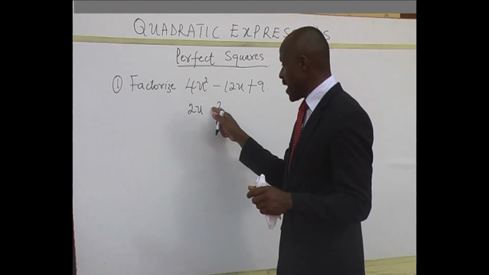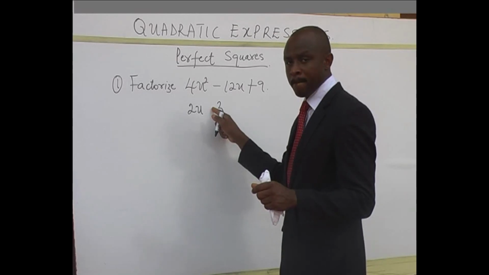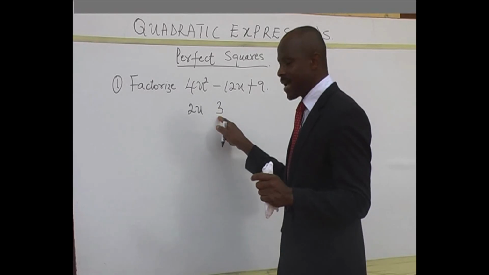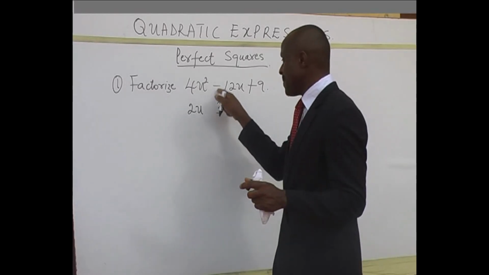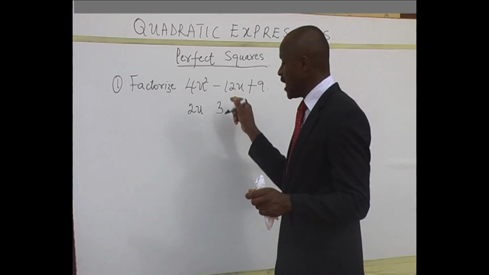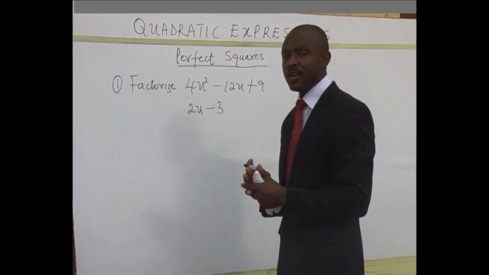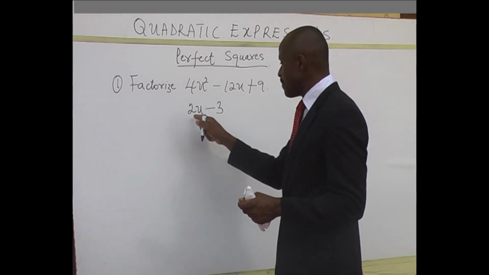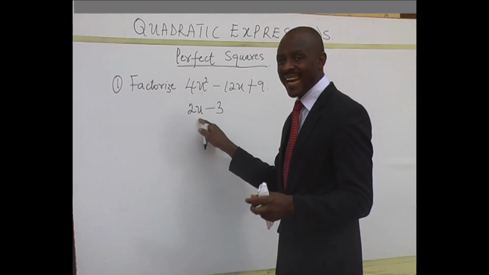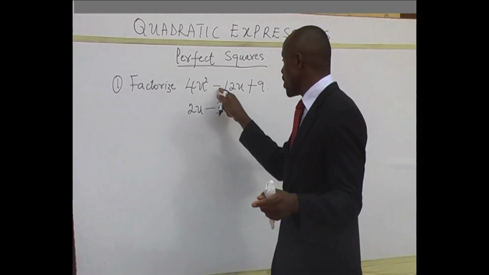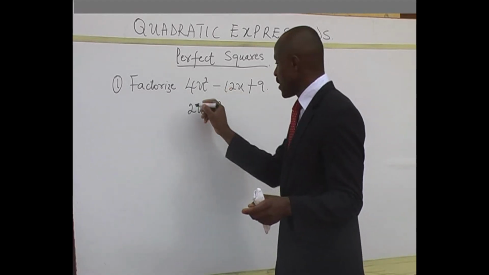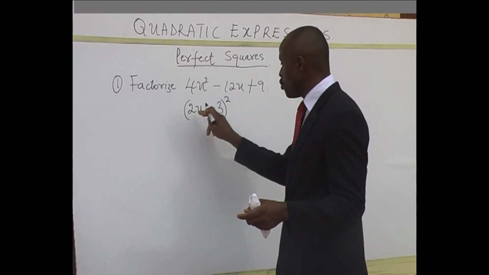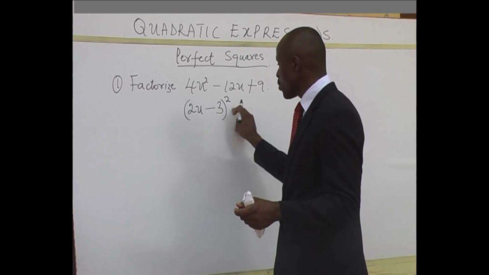If you put plus here, it's going to be wrong, because the product of 2u plus 3 cannot be minus 12u. It is only minus that can do the job, because minus 3 times 2u will give you minus 6u, and its twice will give you minus 12u. So you can find out that factorizing that expression is 2u minus 3 squared.